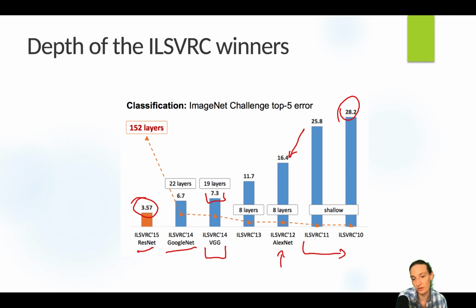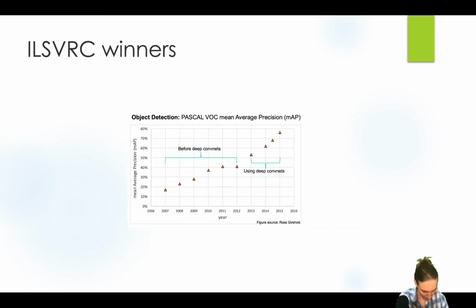For instance, we use ResNet to capture objects, and halfway through the ResNet network, we take these latent variables and feed them into an emotion detection network. All right, so here again, there's a big difference in error before and after people started using convolutional neural networks. This is the mean average precision of the image detection task.